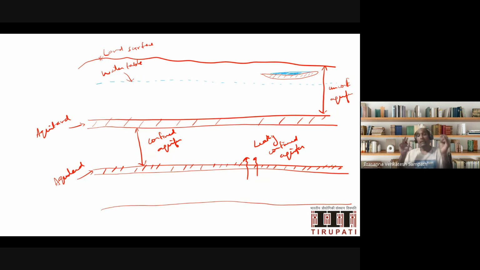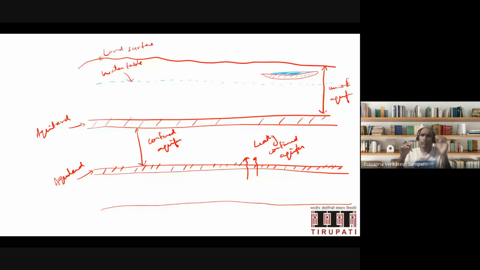Now, is it possible that any aquifer can be 100% confined? Maybe very, very unlikely that such an aquifer exists anywhere in the world, because some water may always leak from above or from below. So in reality, most aquifers are leaky confined aquifers.